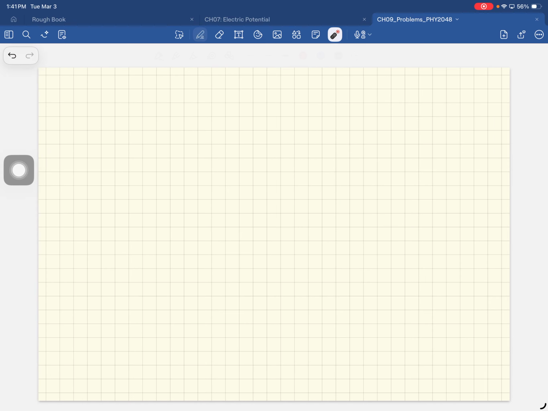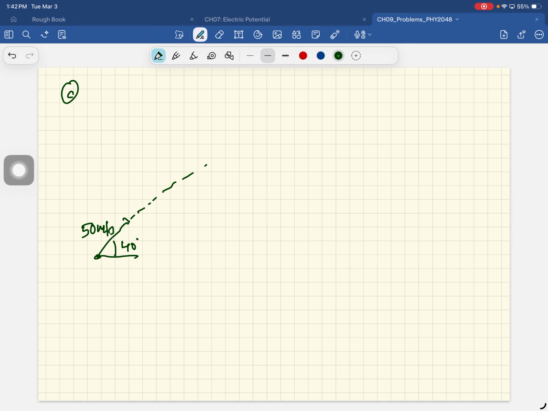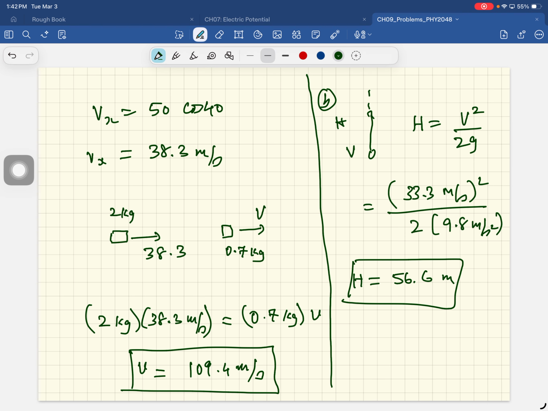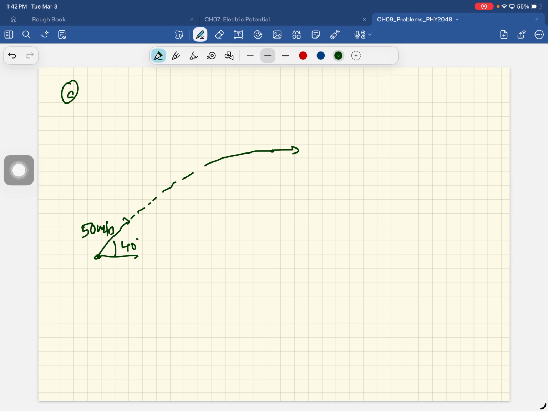you guys understanding this? Because at the top, your y component of the velocity is 0, okay? So 50 sine 40 divided by 9.8. So it took you 3.828 seconds to get there, and that's how long you will be in flight here.